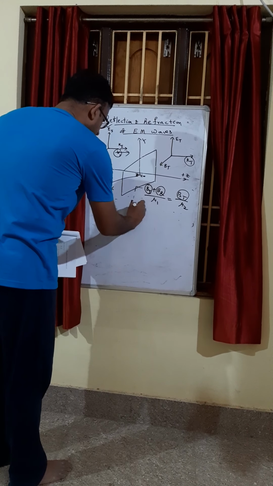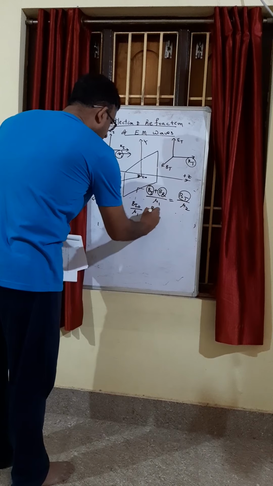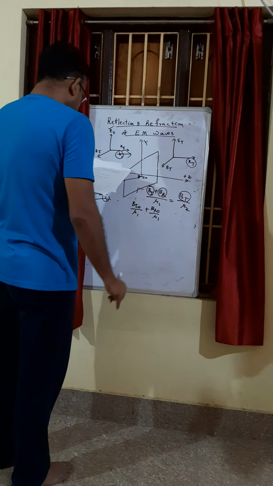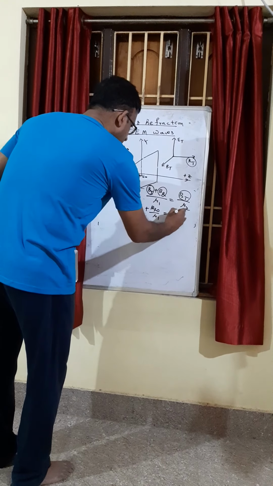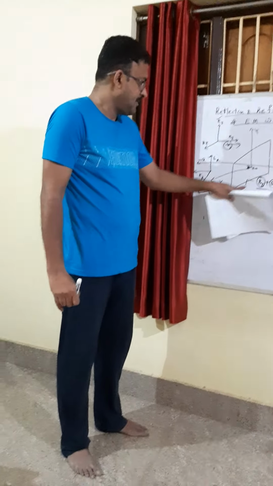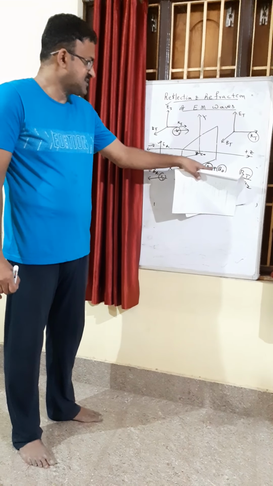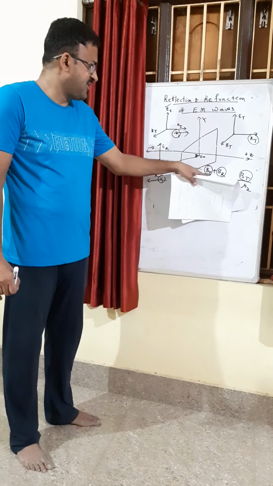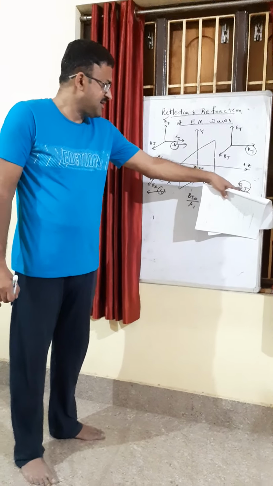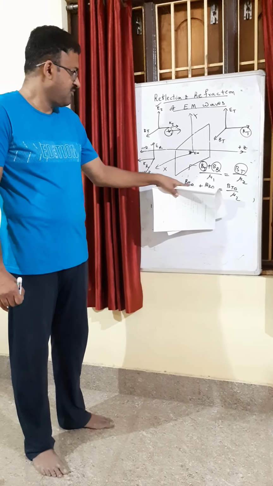BIO by mu1 plus BRO by mu1 will be equal to BTO by mu2. This is only the strength of the magnetic field for the incident part, reflected part and transmitted part, now converted in terms of amplitudes.